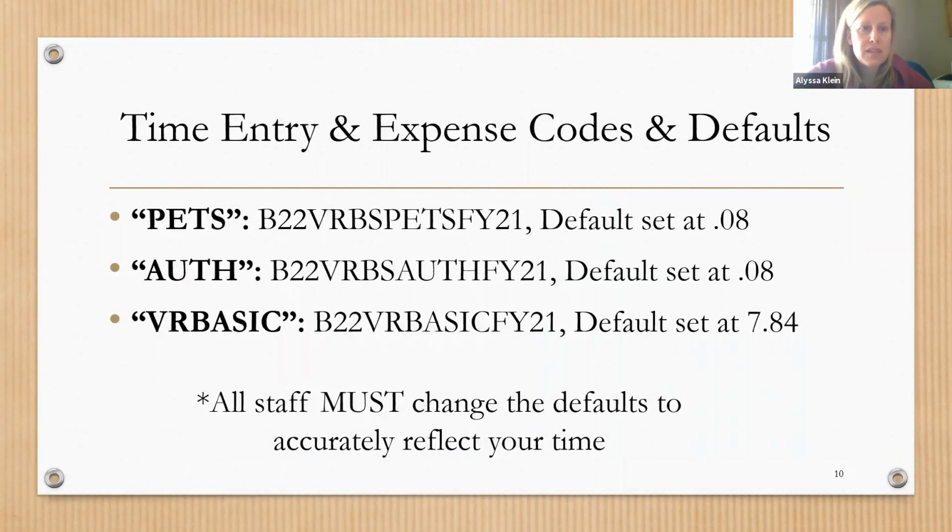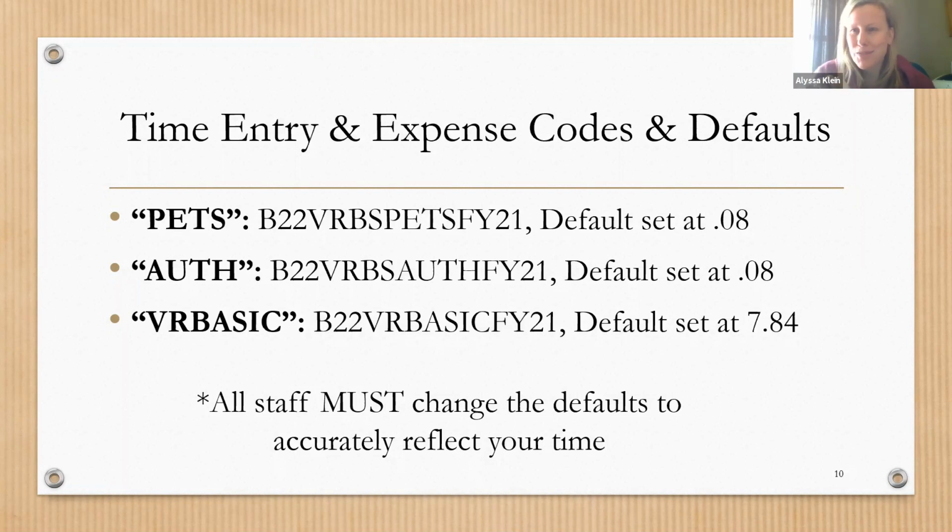So these are the 3 categories as you would see them on your time entry and your expense reports. This training was recorded during our federal fiscal year 21, so you see the 21 at the end of each code. So for instance, PETS, the actual code is B22 VRBS PETS FY21.